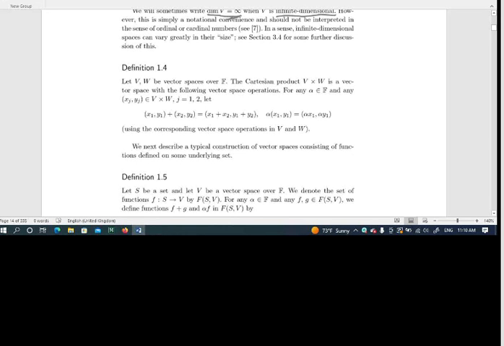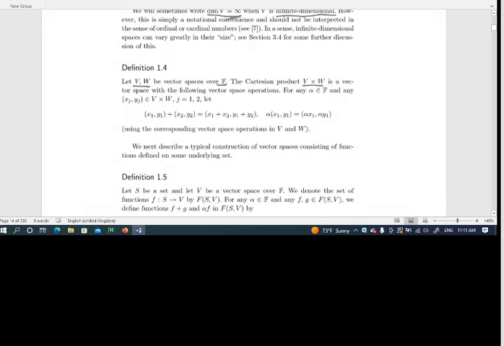Another definition. Let V and W be two vector spaces over F. The Cartesian product V cross W can be a vector space with two operations, plus and scalar multiplication.